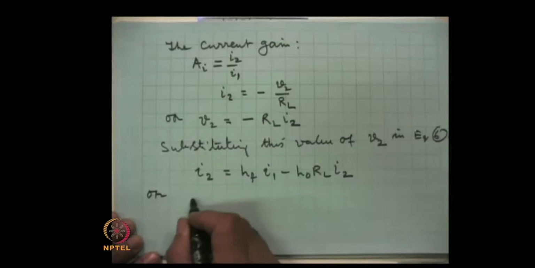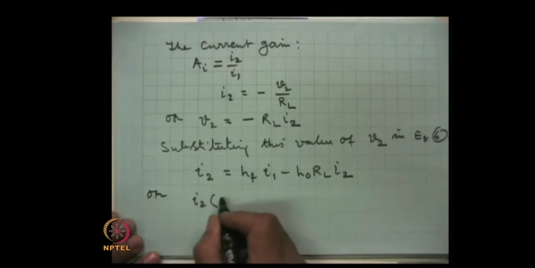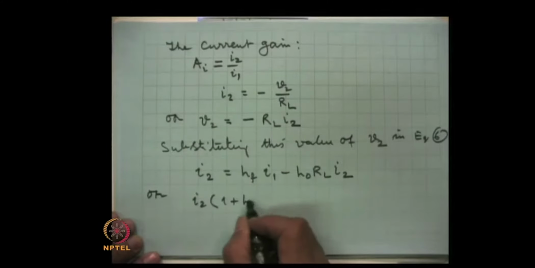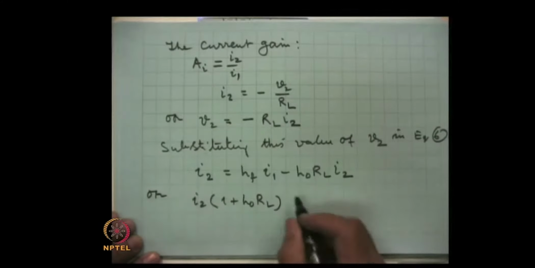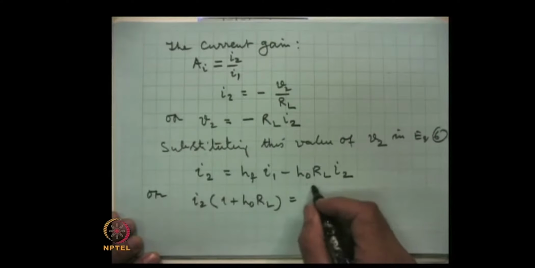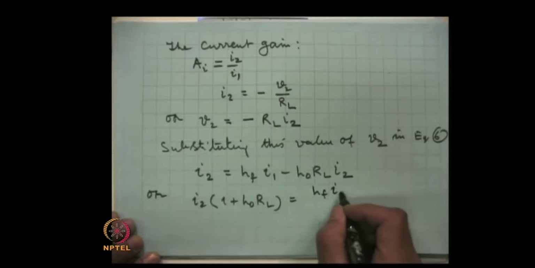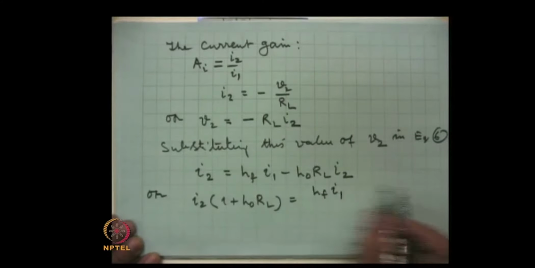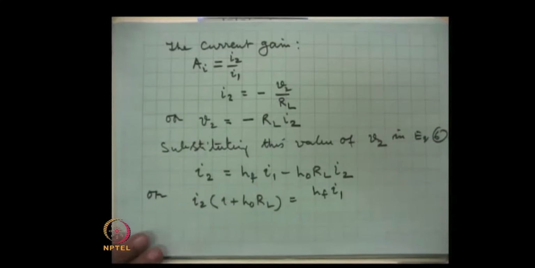So, this will be I2 (1 plus H O R L) is equal to H f I1, and from here we can get the current gain.